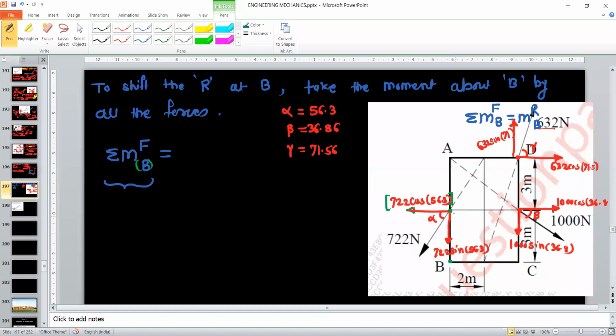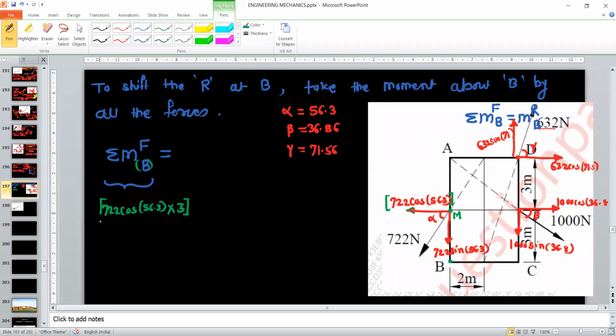Suppose this point is M. So BM is the perpendicular distance and it is given as 3 meter. So the first moment will be 722 cos 56.3 into the distance BM, which is 3 meter.